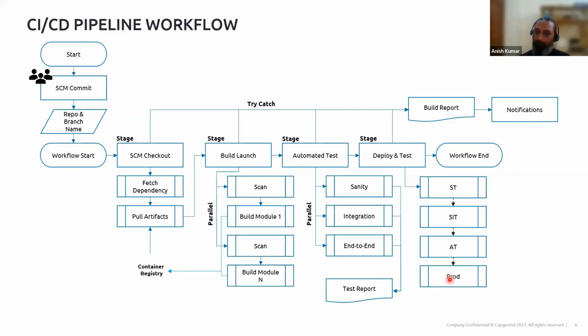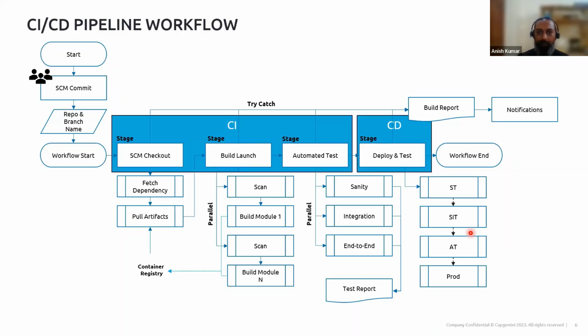Once the deployment is completed, the pipeline workflow stops, but it doesn't stop. If we go back to the continuous feedback loop, monitoring continues to happen with the right implementation of monitoring tools like Grafana, Prometheus, and so on. So that is about the pipeline workflow.